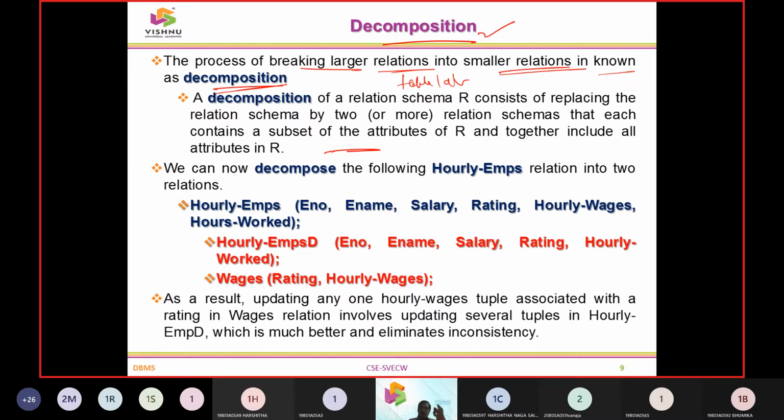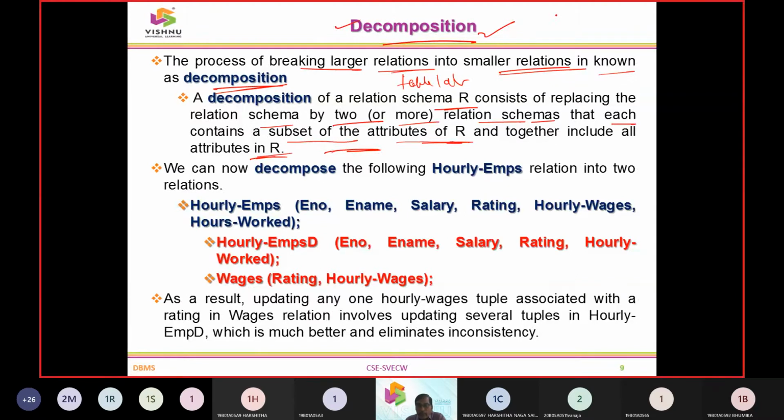So when there was a redundancy of data, to eliminate the duplicate data, we are going to address the solution using the concept of decomposition. So decomposition is replacing the relational schema with one or more relational schemas, each of which contains a subset of the attributes of relation R, and together they are included in R.